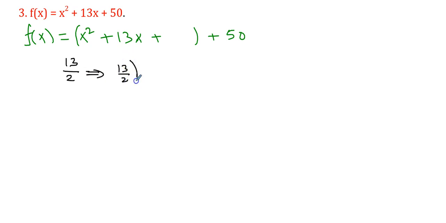13 over 2 on squaring gives you 13 times 13 is 169, and 2 times 2 gives you 4. So this number has to be added and subtracted. So 169 over 4 is added, and the same 169 over 4 is subtracted.